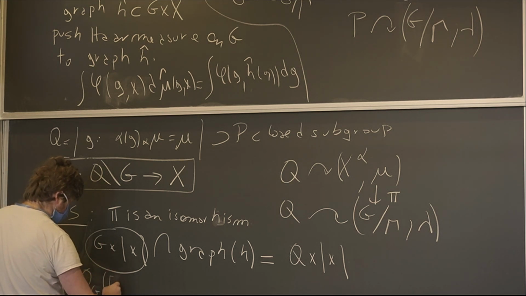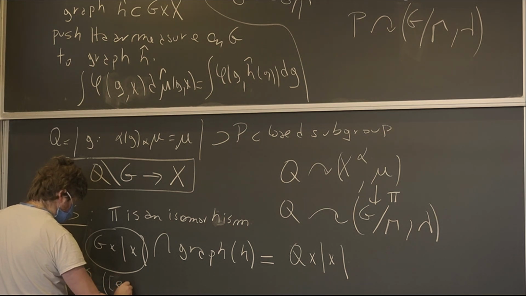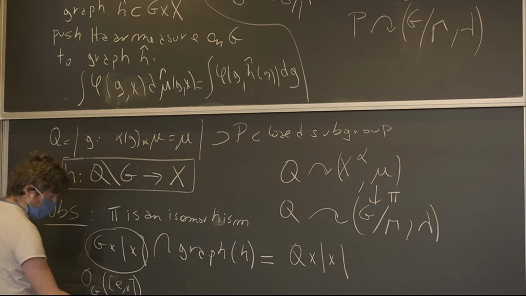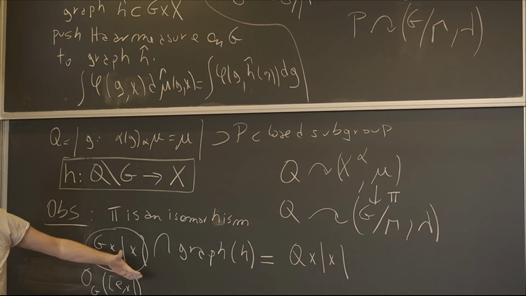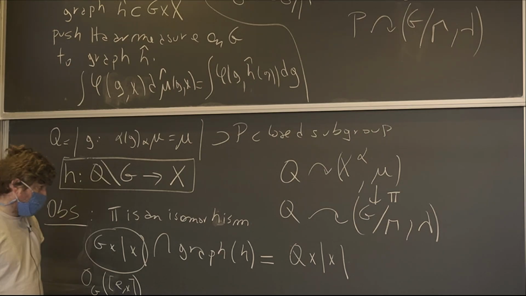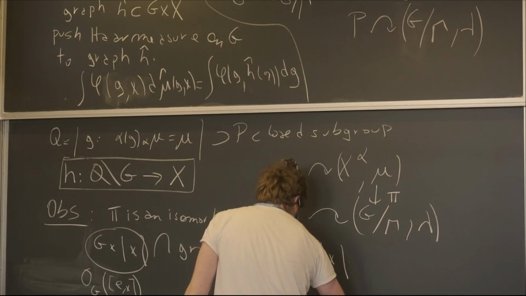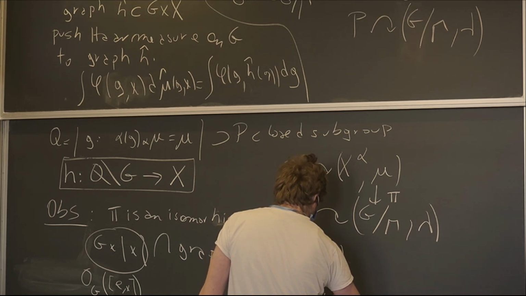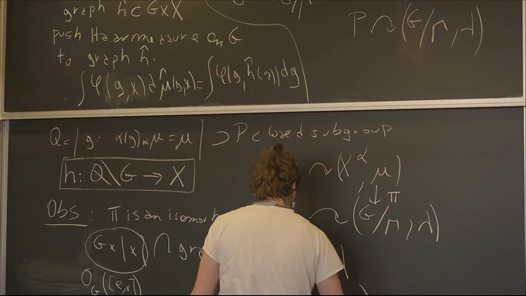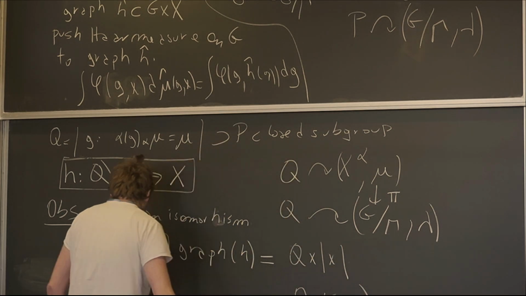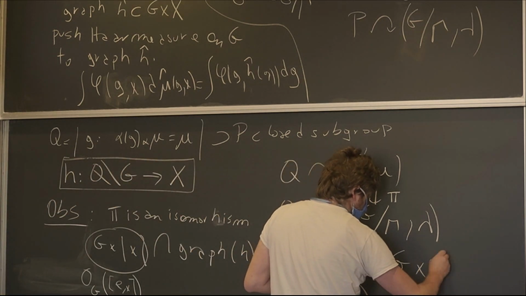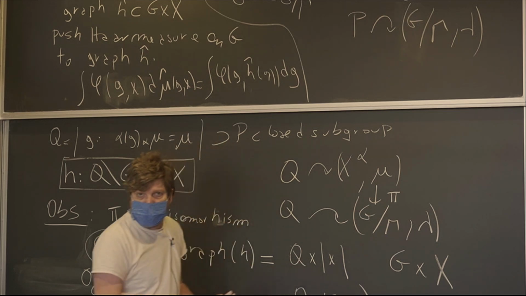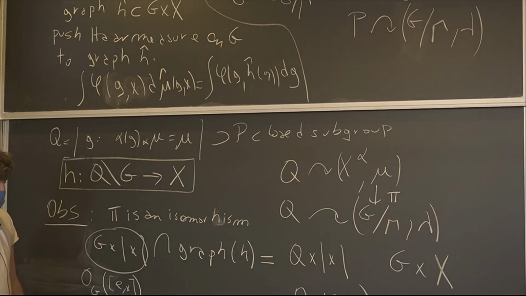In this case it doesn't matter which point, because all are in the same orbit. This is the G orbit, because we have the G action. This is the orbit for Q of this point, which I'm putting in brackets, but actually this picture is happening in G times X without the quotient. So let me do the abuse of language there.